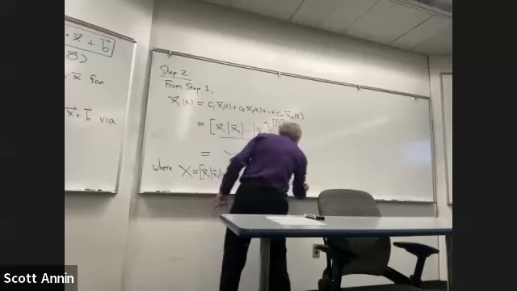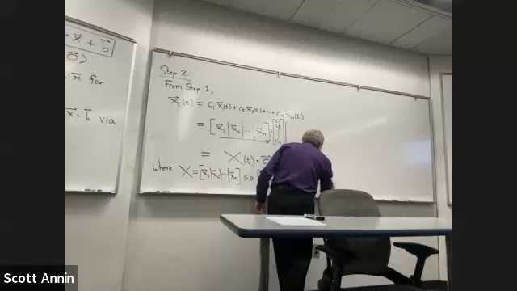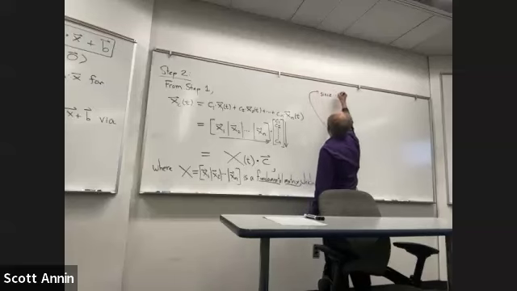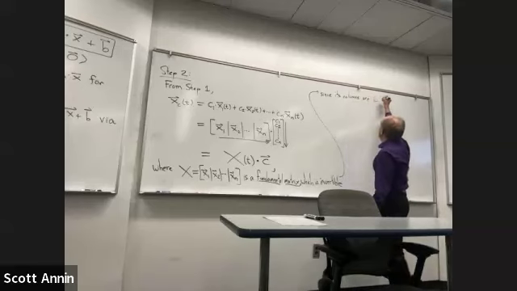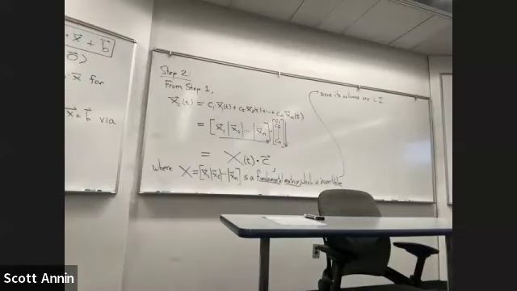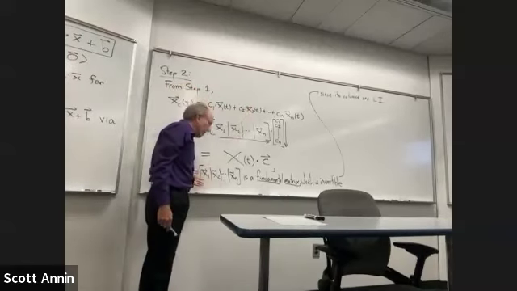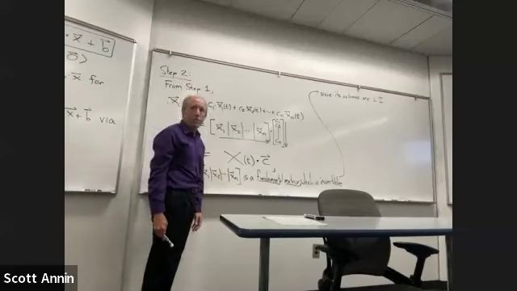So let's just add that here: which is invertible, since its columns are linearly independent. So the columns of that matrix are the linearly independent solutions from step one, and so you've got a matrix with linearly independent columns, so it's an invertible matrix. So far so good?